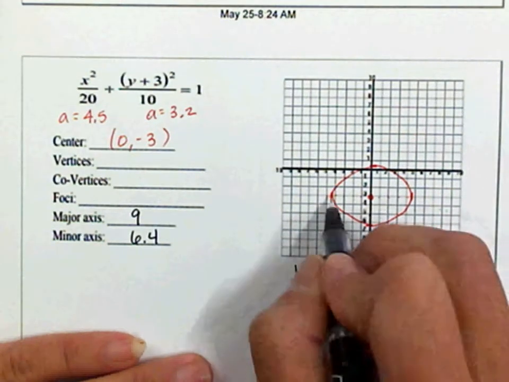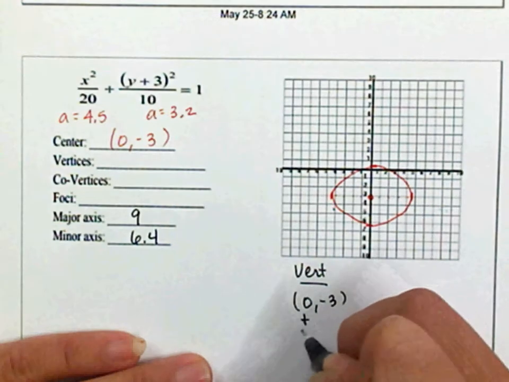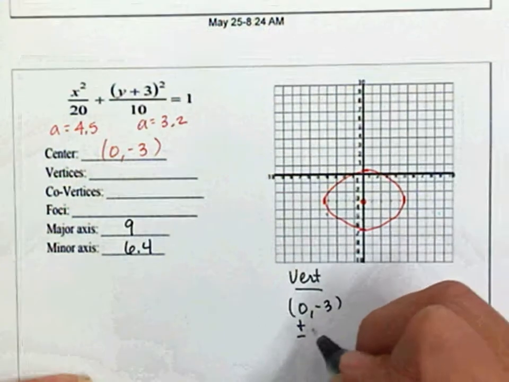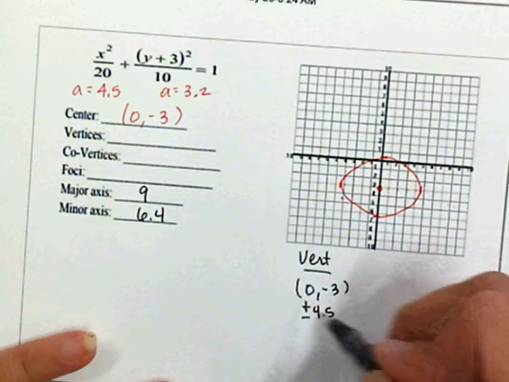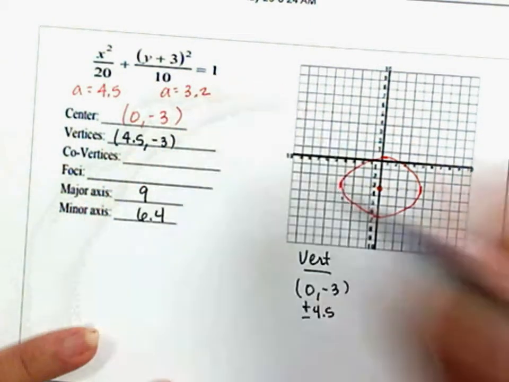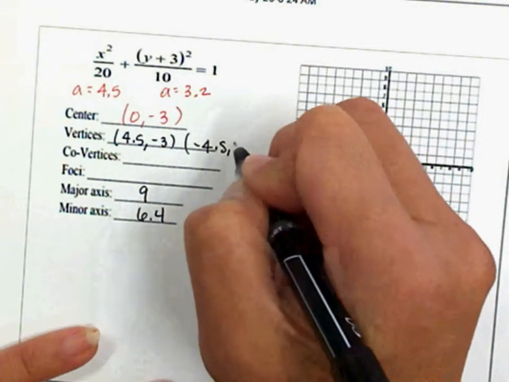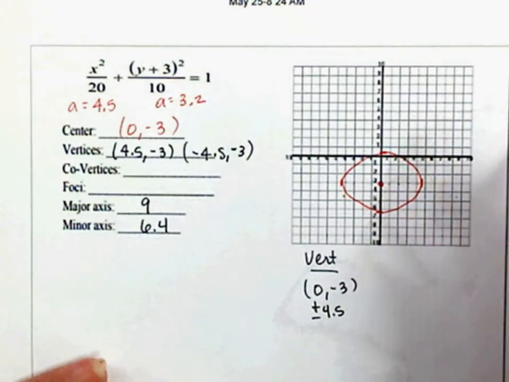So I got 0, negative 3, plus or minus 4.5. So 0 plus 4.5 is 4.5, comma, negative 3. 0 minus 4.5 is negative 4.5, negative 3.